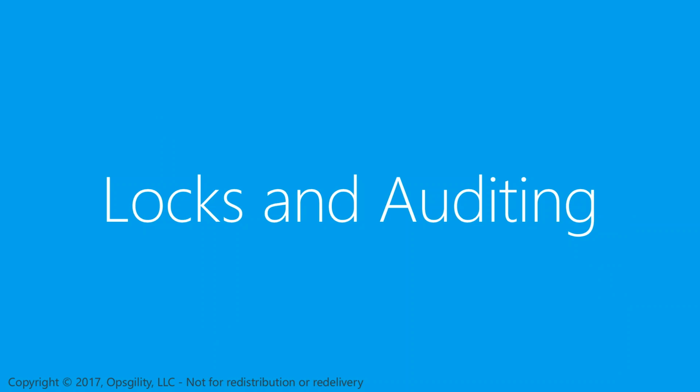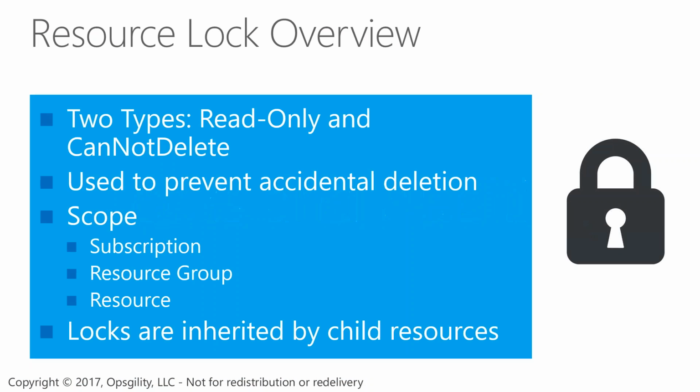Let's talk about locks now, preventing accidental deletion. So there are two types of locks that we can apply. There's a read-only lock, which is going to prevent changes to a resource. And then I can just use a cannot delete lock, which is only going to prevent a deletion action.